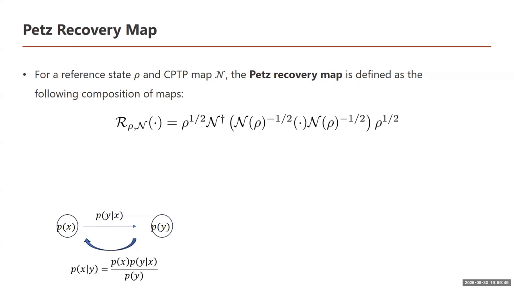From Bayes' rule, we can reversely find Px from Py with this expression. More precisely, if we know Py given x, Px given y, and Py, then we can compute Px in reverse.